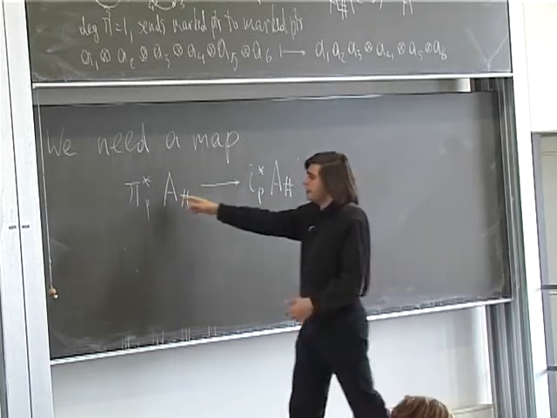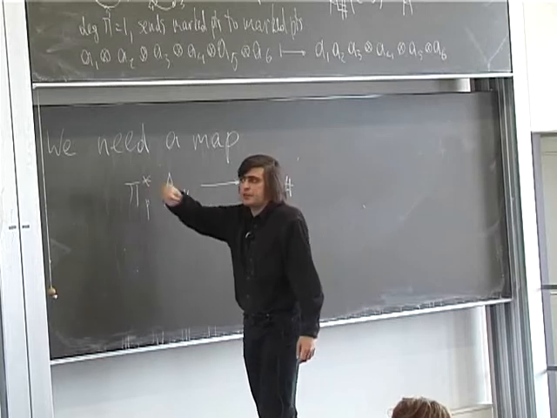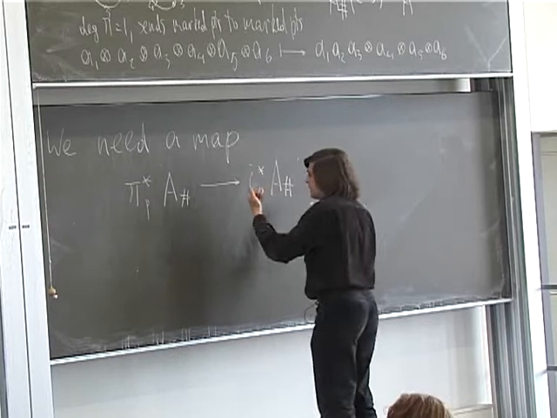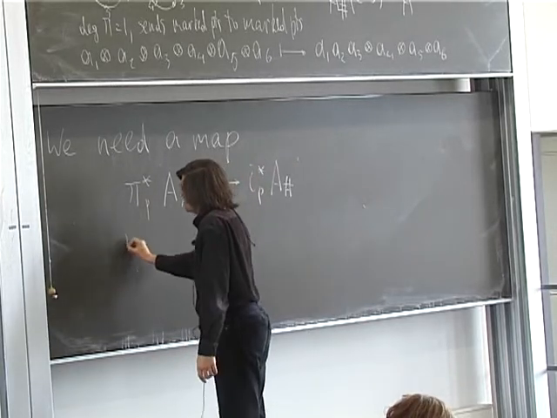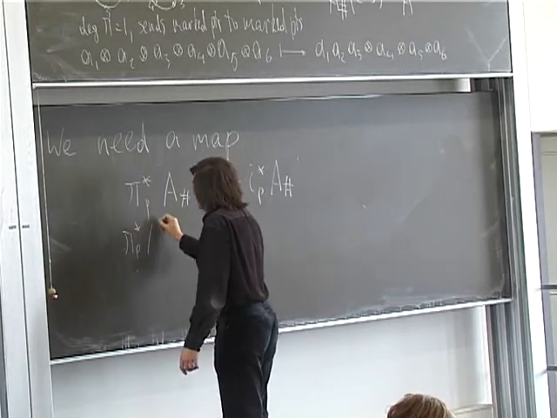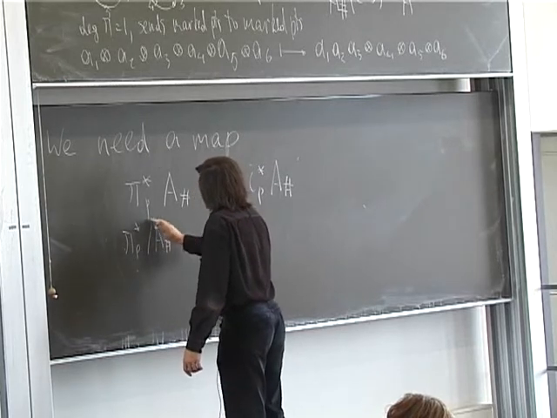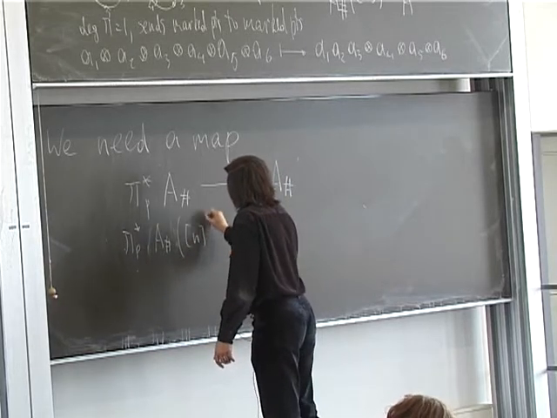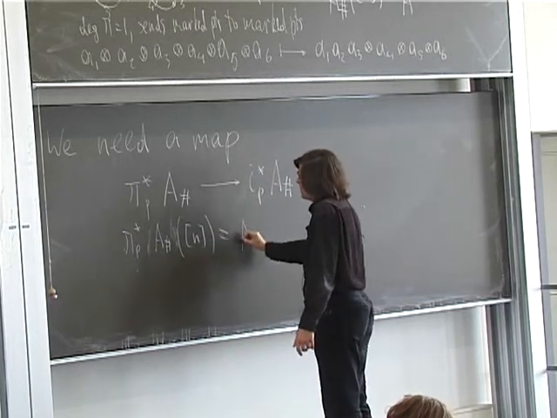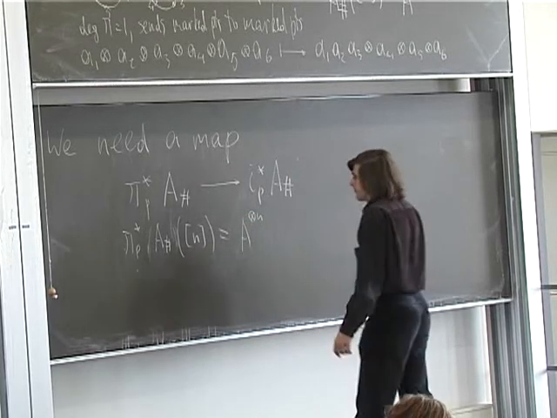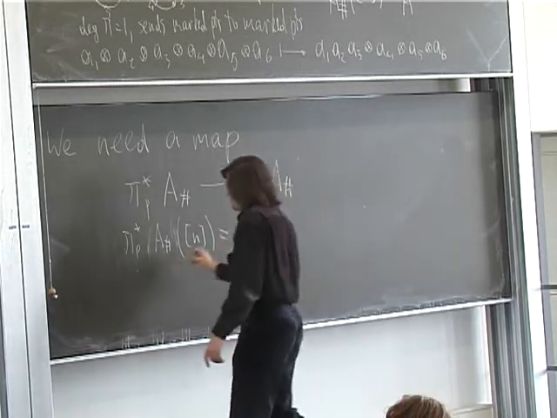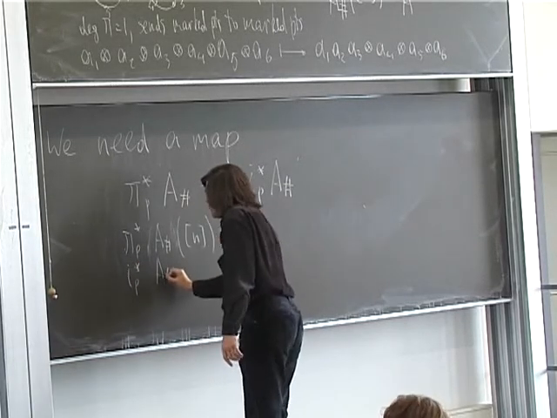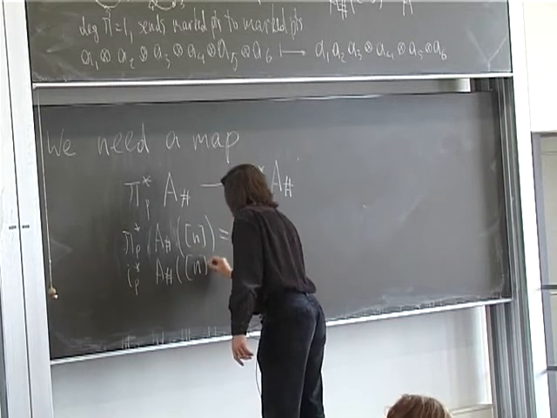So let's evaluate this at some object. These are functors from lambda p to vector spaces. Let's just take some object in lambda p and compute these functors at this object. So take some n. Then this evaluated at n, by definition, is just A to the power n, tensor power n. Now this evaluated at n: how do we compute this?